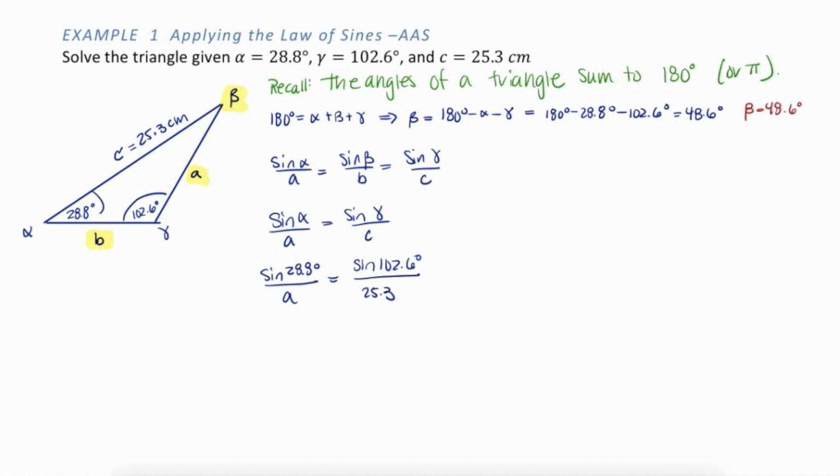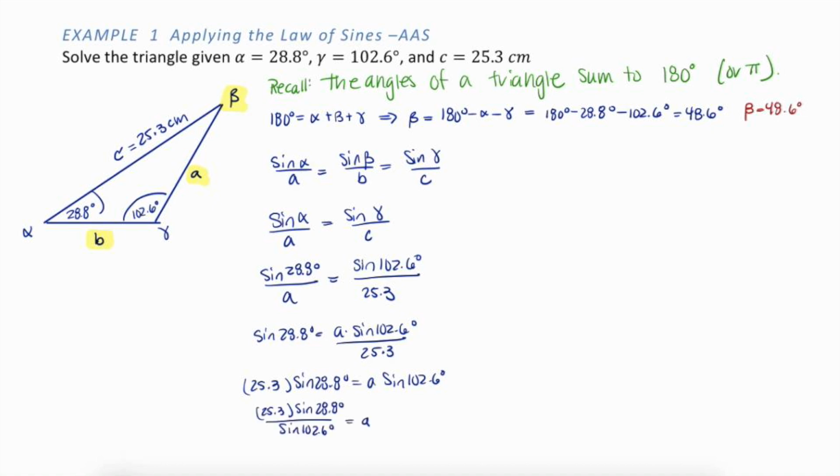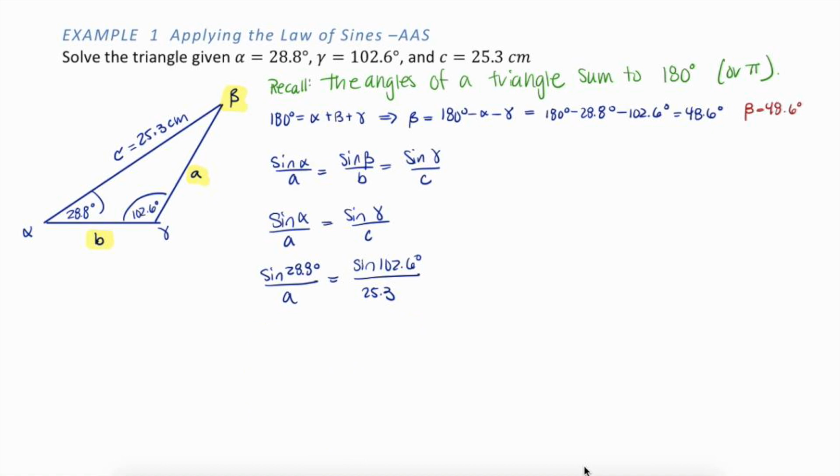Using algebra, we can simplify this. Now that this is fully simplified, and that is I have isolated A, I just need my graphing calculator to find my solution. And bear with me, I'm going to move some things up a little bit, just so this doesn't look so crowded.